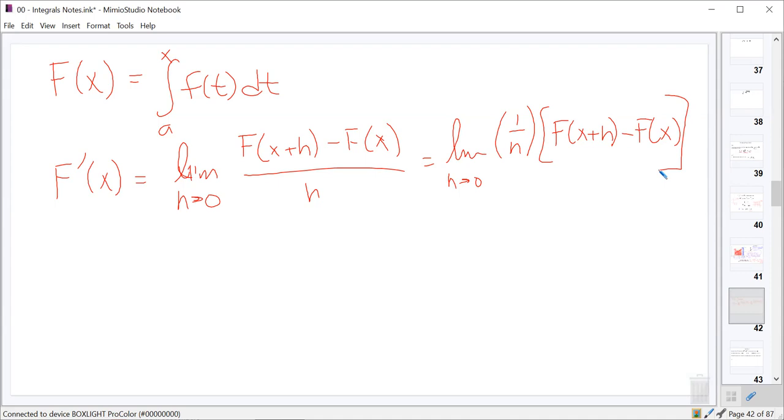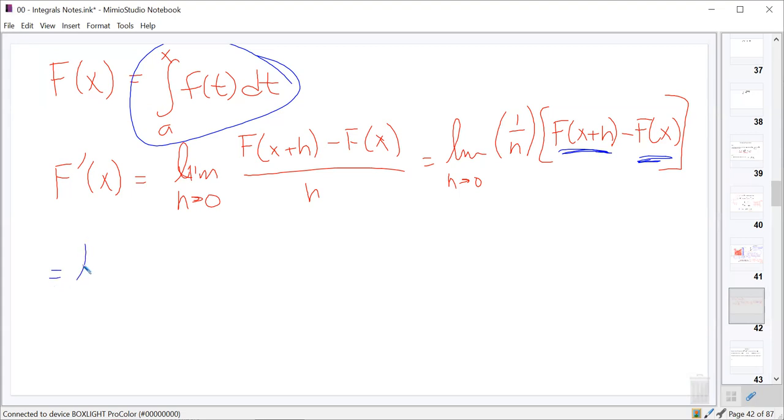And from there, since we know what capital F of x is, capital F of x is this function here with the integral in it, we could first replace the capital F of x here with that, and I could replace the capital F of x plus h right here with this same thing, except I'd have to replace the x with an x plus h.